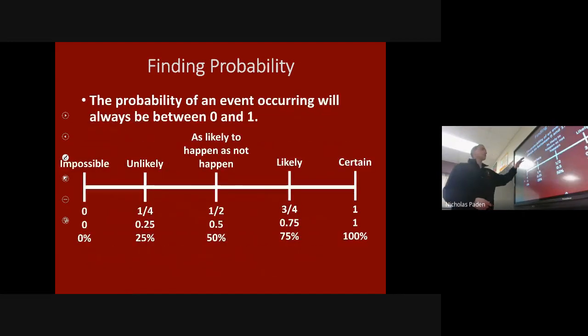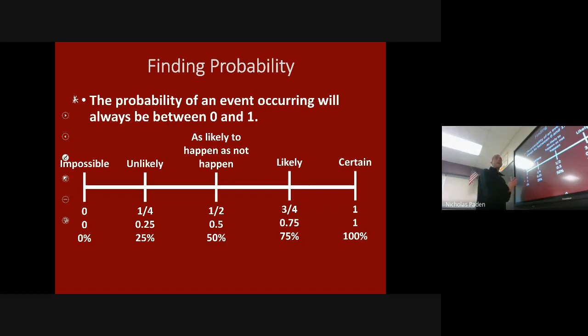Okay, so this is a very important slide. The probability of an event occurring is always between 0 and 1. So if you look at this chart, if the probability is 0, that means it is impossible.